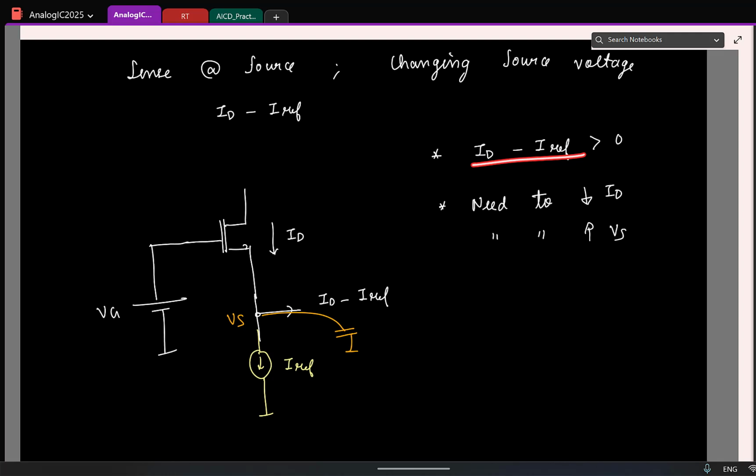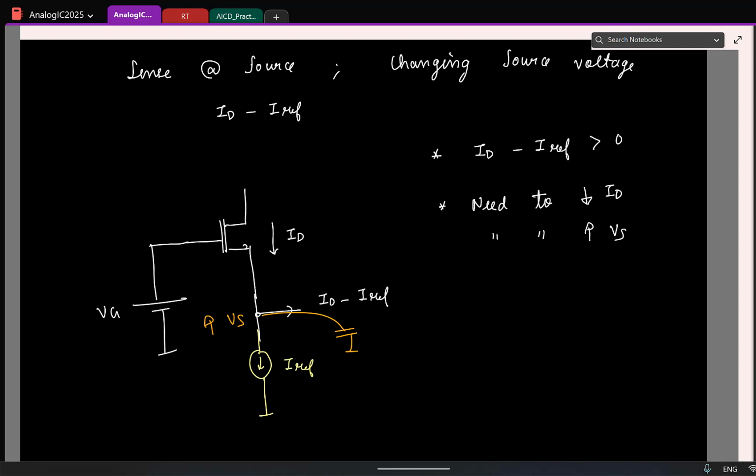I am taking this case, ID minus IREF greater than 0. I have an effective positive current getting pumped into the capacitor. So this voltage will increase or decrease? That is going to increase, and that's exactly what you want also. You don't have to do anything else. This is enough. Is this clear?